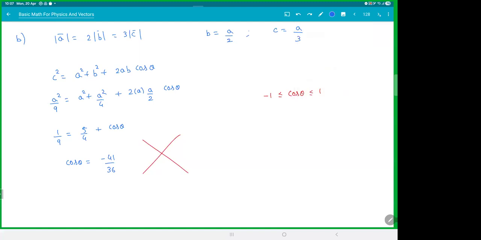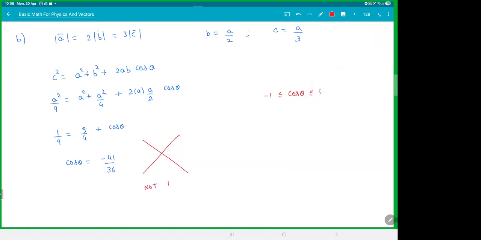Let's say A is 1. Then B is half and C is 1/3. Can these three form a triangle? If you subtract A and B, 1 minus half, you get half. There is no way you can get 1/3. Meaning, whatever values I gave, these kind of vectors don't exist. This is not possible.